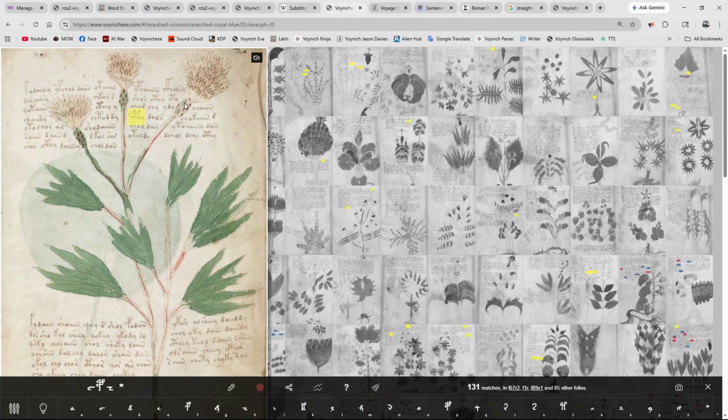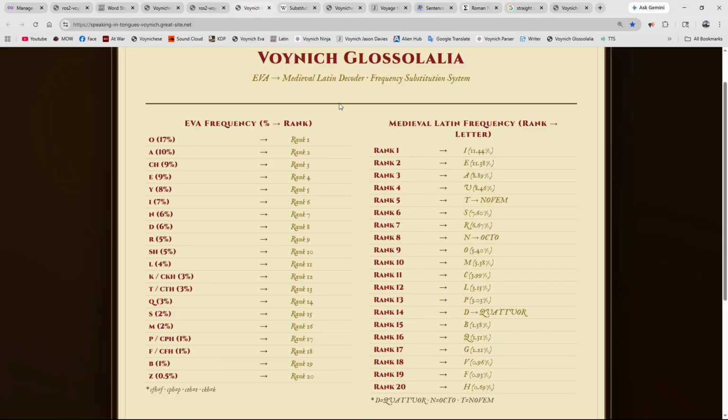So I took the Latin equivalent of the Eva frequency characters. These are Eva, CH is the bench glyph, but the CKH would be a gallows figure or letter that combines the bench with a flourish gallows letter.